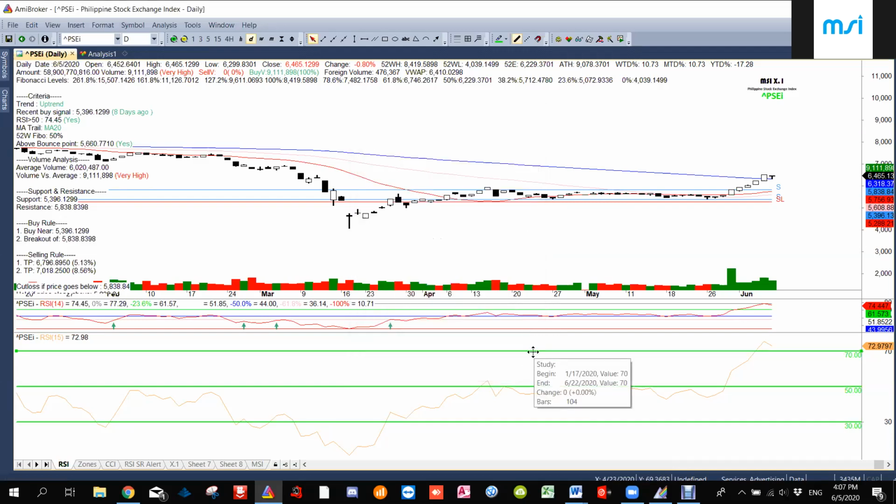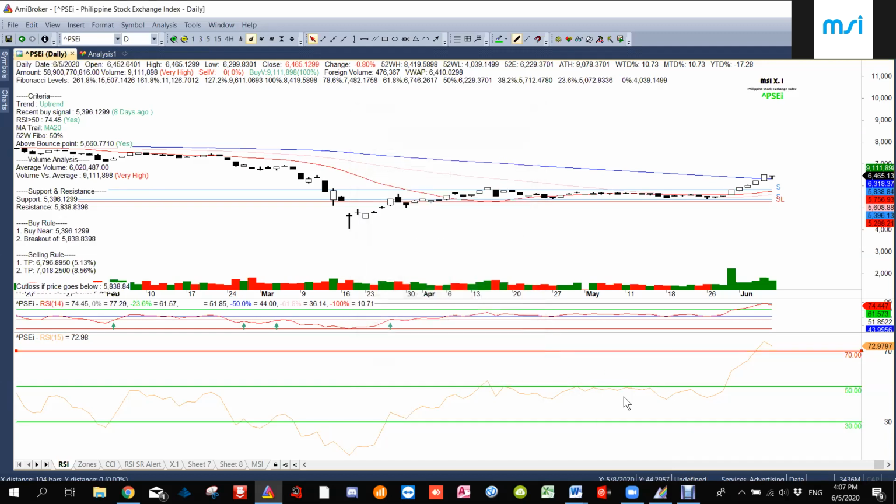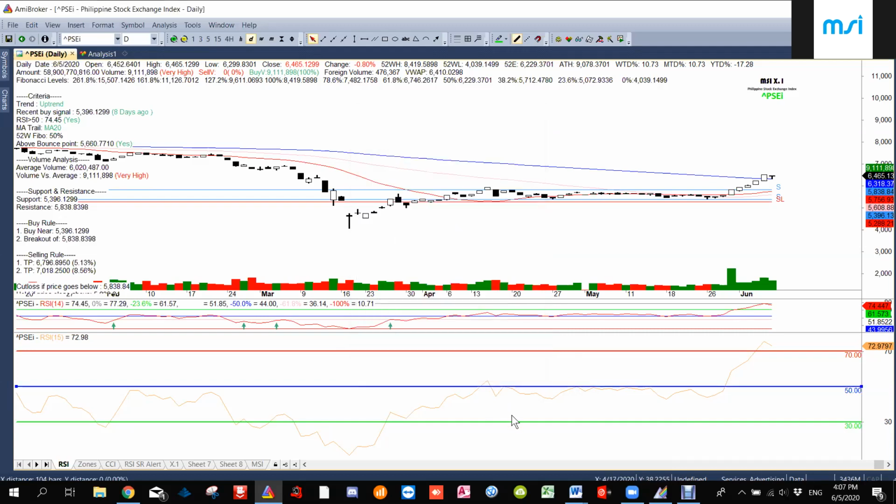And we change the color. Changing the color, double click lang. Tapos change it to red. Click OK. This one will change to blue. Okay, and let's keep that as green.